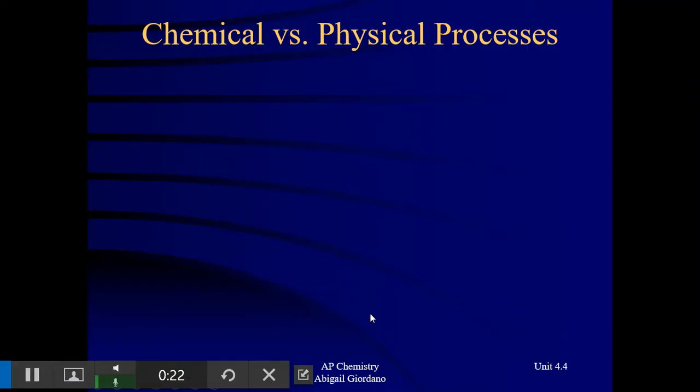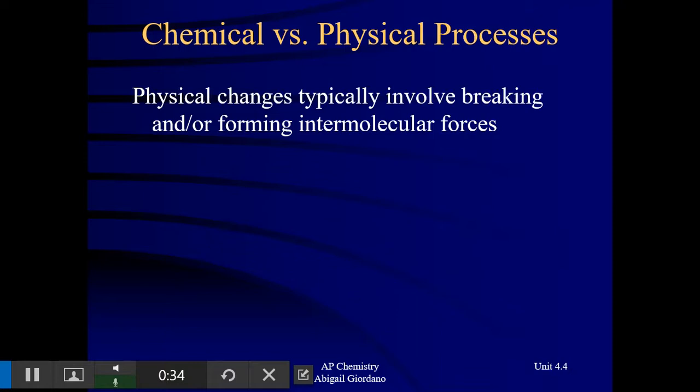So let's start off talking about what actually makes the difference on a chemical molecular level between a physical and a chemical process. A physical change is typically going to involve the breaking and/or forming of intermolecular forces. Remember that term, we've seen it before.